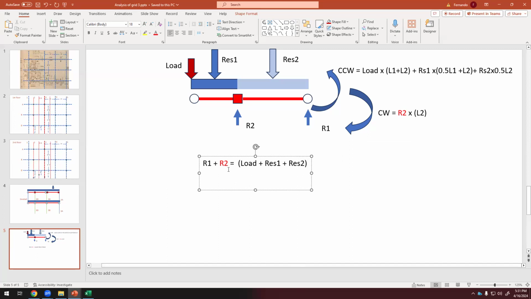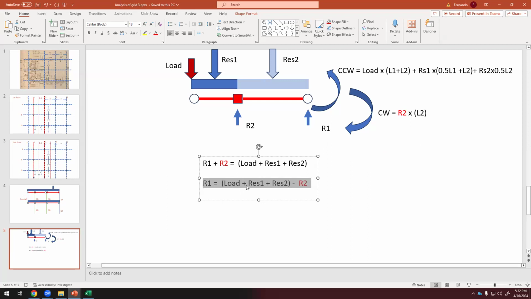So R1 equals all these minus R2. Okay, so that's the equation that I have to write in R1. It's quite easy.